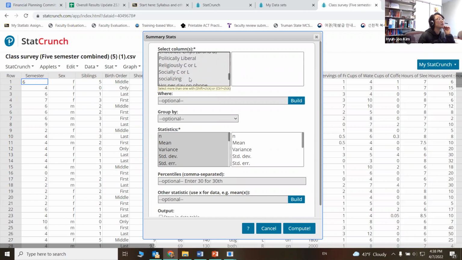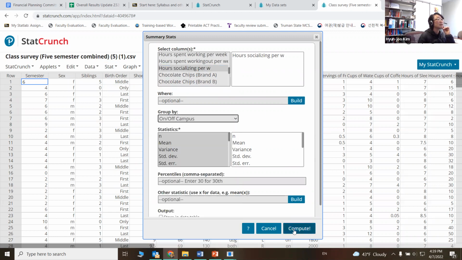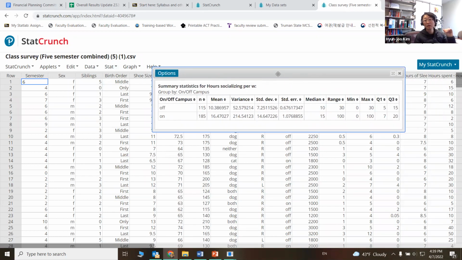Here we are. We were talking about on and off campus. I'm just going to compute it. That's exactly the same process we talked about in the previous sections. Now we talked about the mean and standard deviation. Now it is asking what the Q1, Q2, Q3 are.